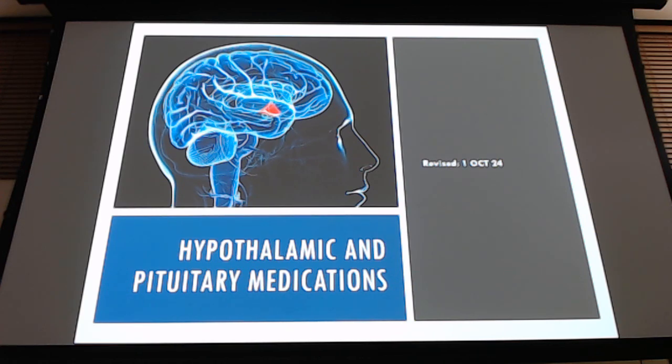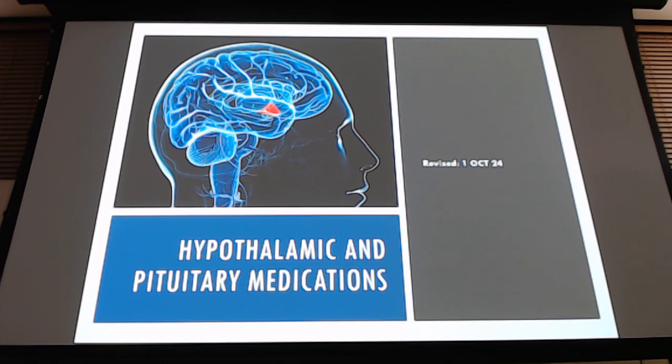Okay, so hypothalamic and pituitary medications. We have a lot of different meds that we're going to talk about here. I will try to tune you into some of the bigger concepts that I want you to look at. There's a lot of words on some of these slides, so just listen to my voice as I guide you through some of those words, okay?